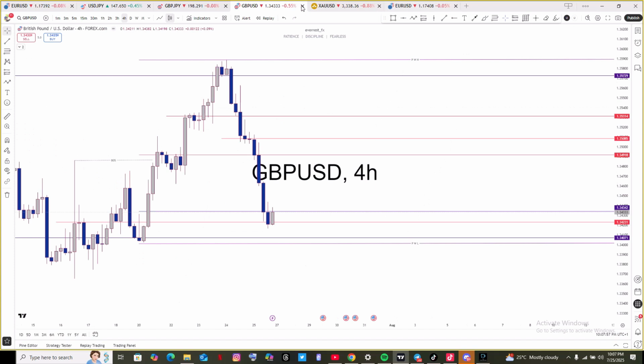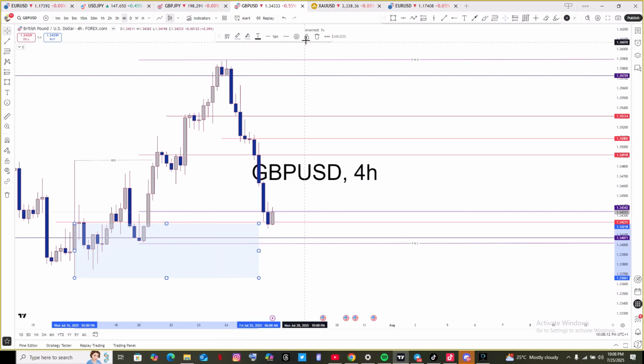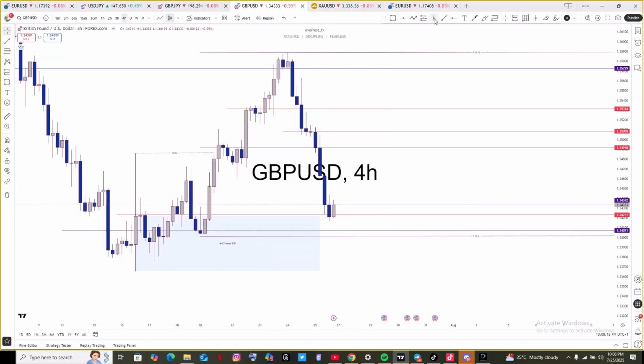Let me mark my demand. Any of this place down. That place is valid. The reason why I said that is valid is because this candle swept liquidity here. The candle opened as a bearish candle.